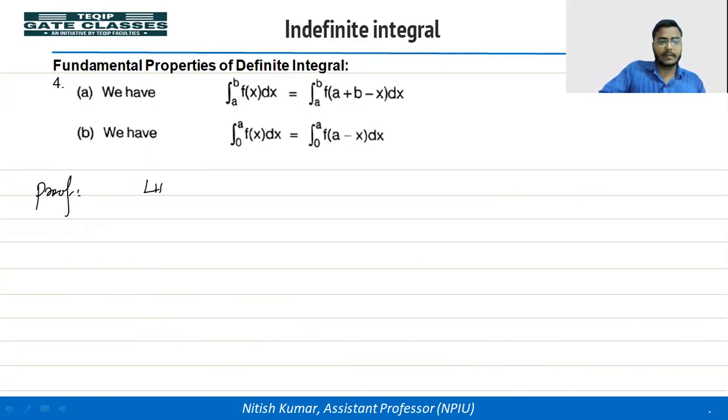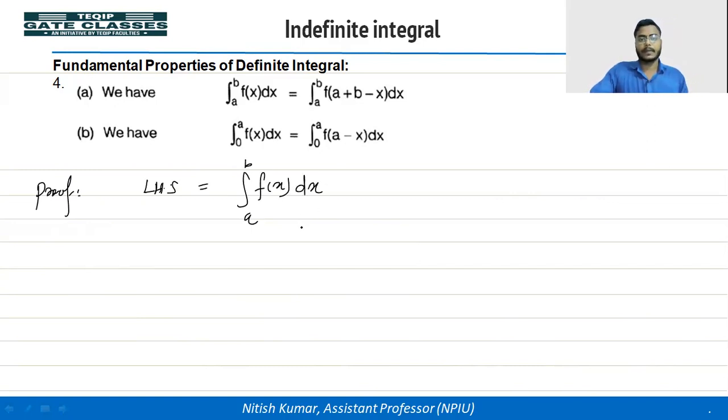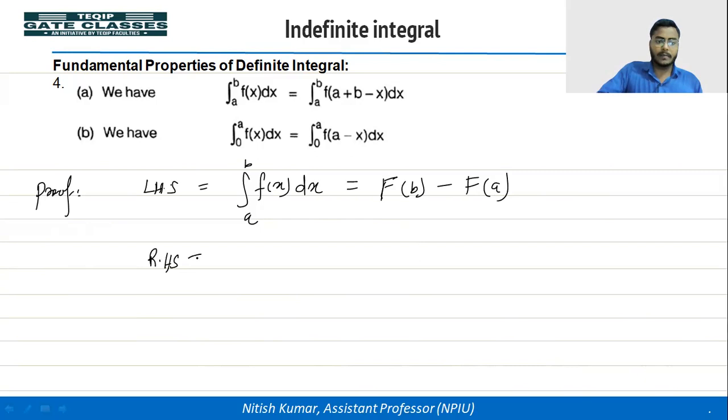Left hand side, there is a to b integration. We have to do a to b and f(x) dx, right? So we can write function F(b) minus function F(a). Now right hand side, integration a to b function f(a plus b minus x) dx.